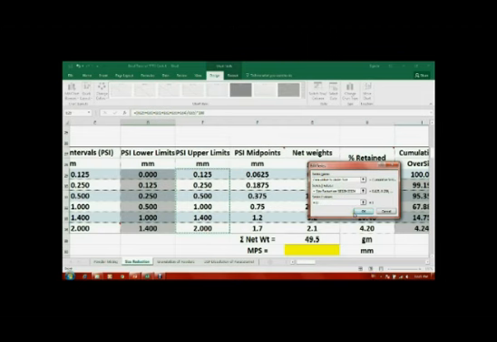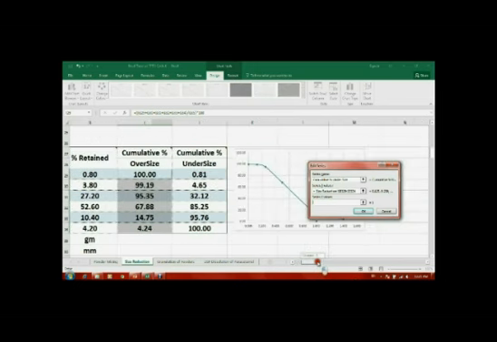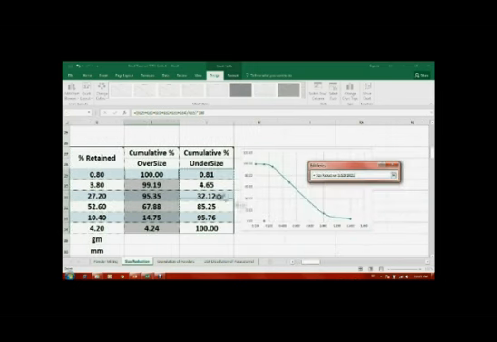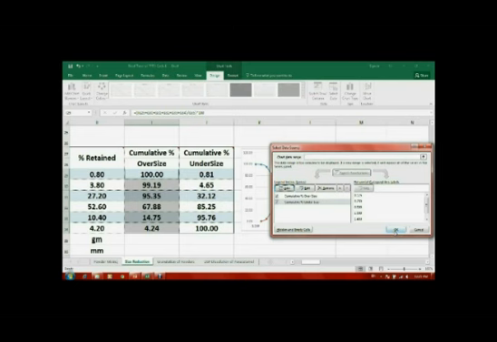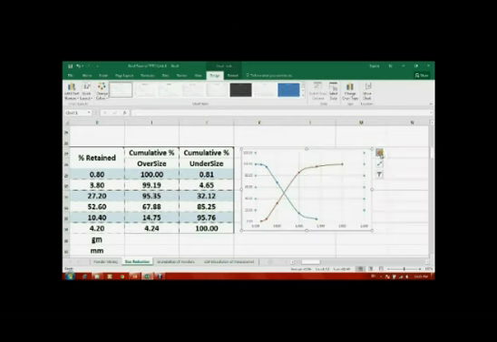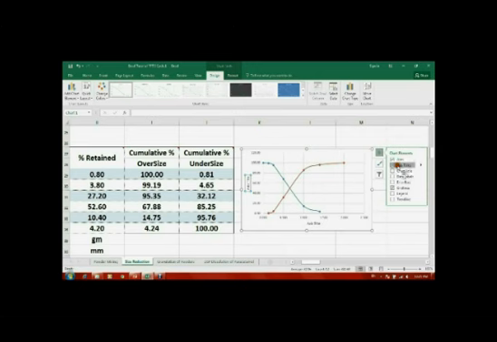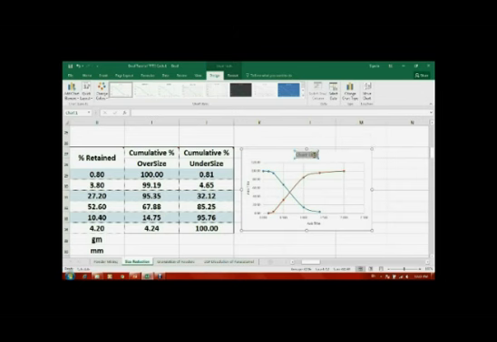For this sample, which was unmilled sucrose, the chart title will be Unmilled Sucrose Particle Size Analysis. And of course, the y-axis represents cumulative percent, and the x-axis represents the pore sizes in millimeters.